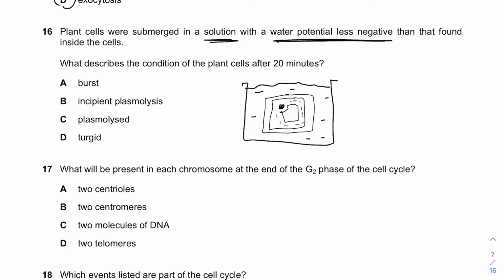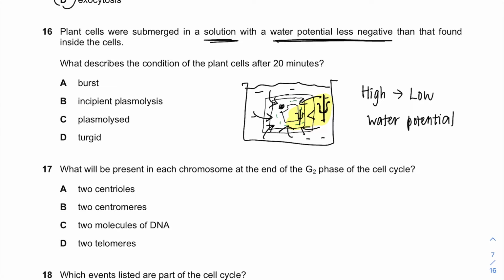That means the solution has a higher water potential compared to the plant cells. So what happens is that osmosis will take place from high to low water potential. So direction of water movement would be from high to low. So water will enter into the plant cell.